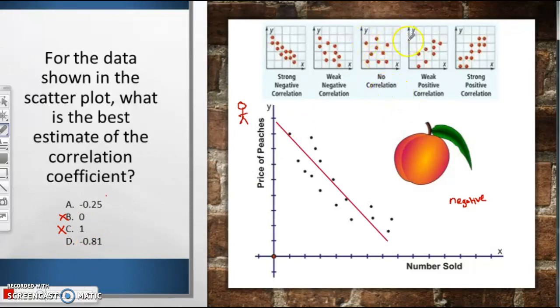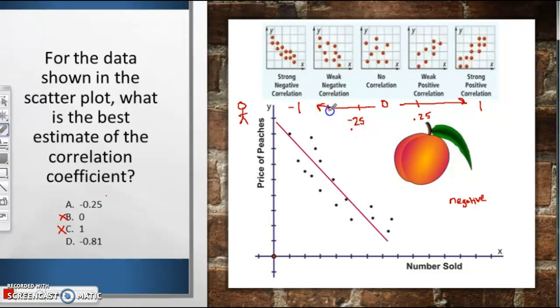Now I wanted to remind you, I have put this little diagram up here. This number would be 0, this number would be 1, and this number would be negative 1. The stronger it gets, the closer it gets to 1 and negative 1. So over in here, you might have negative 0.25. Over here, you might have positive 0.25.